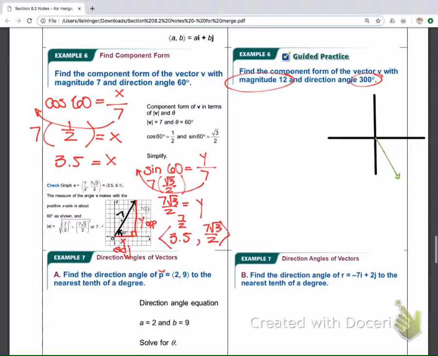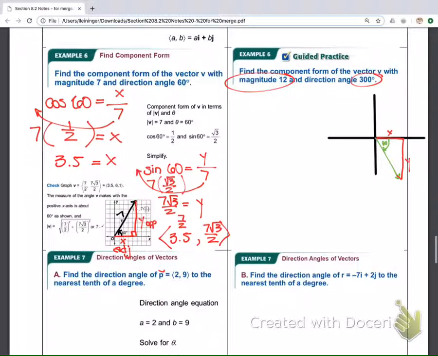However, I don't actually care that much about the 300 because that doesn't help me in your chart. We care about the reference angle. What is the reference angle for this one? 60. Then I can draw in my x component and my y component and set up solving for that.